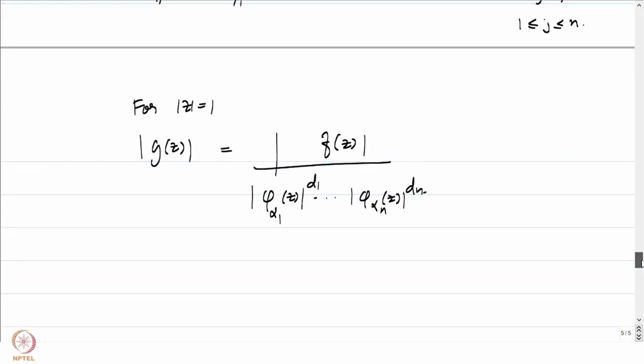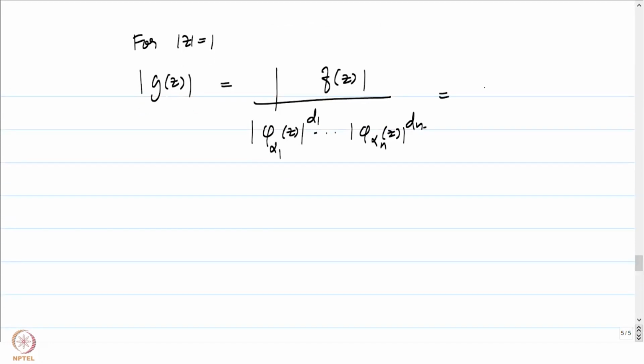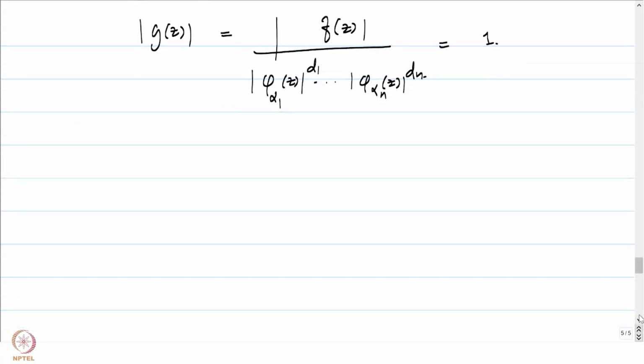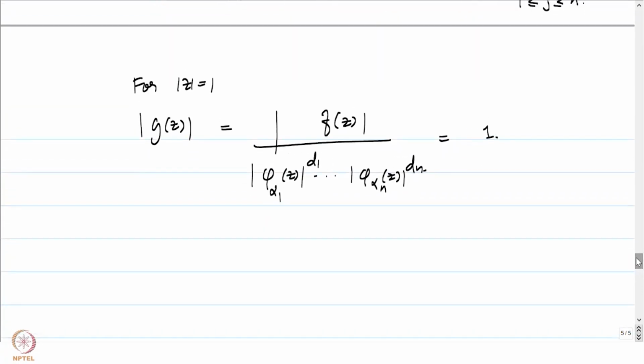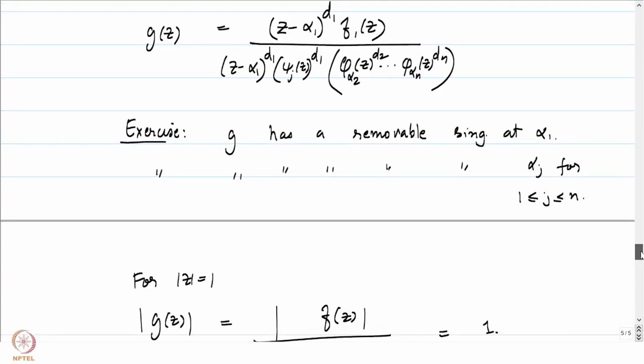Each of these numbers is going to be equal to 1, and hence this is going to be equal to 1. We have already checked that the phi alpha j's preserve the unit circle. So this is going to be equal to 1, and by a very similar argument, if g does not have a 0 in the unit disk, then g is going to be a constant.